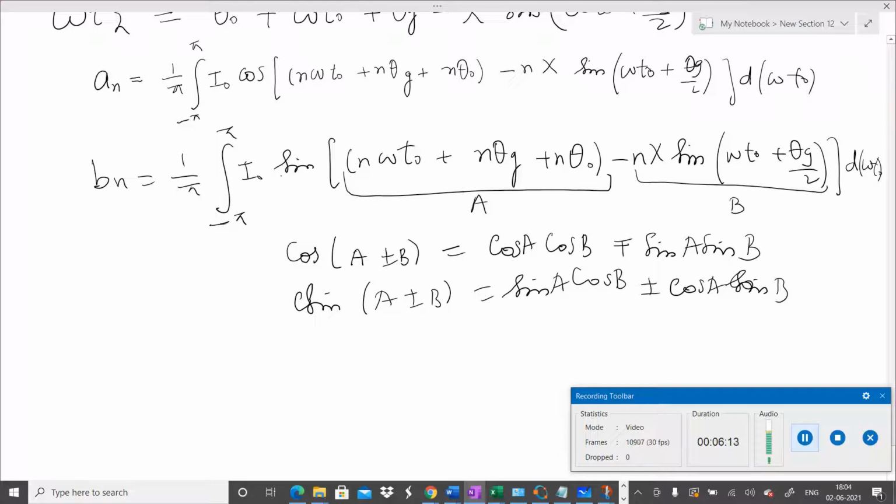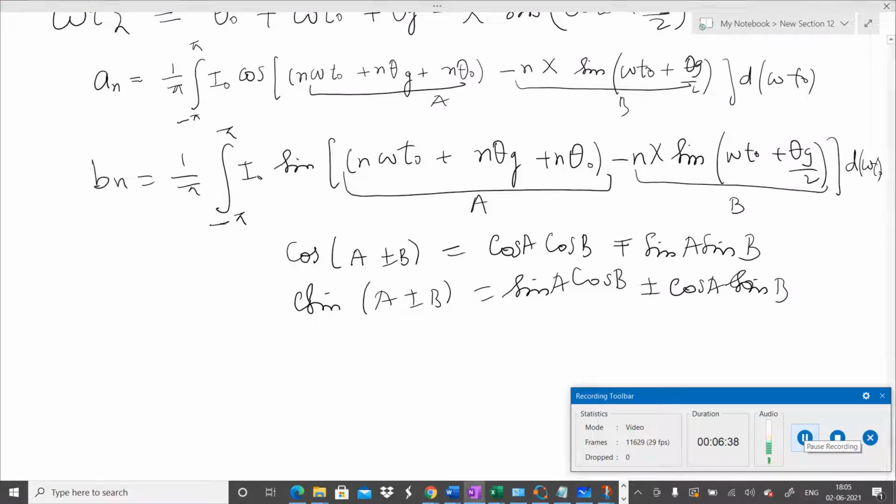Suppose we take this as a and this as b. Then cos of a plus b will be cos of a minus b, so it will be cos a cos b plus sin a sin b. Now you will get these two terms significantly.